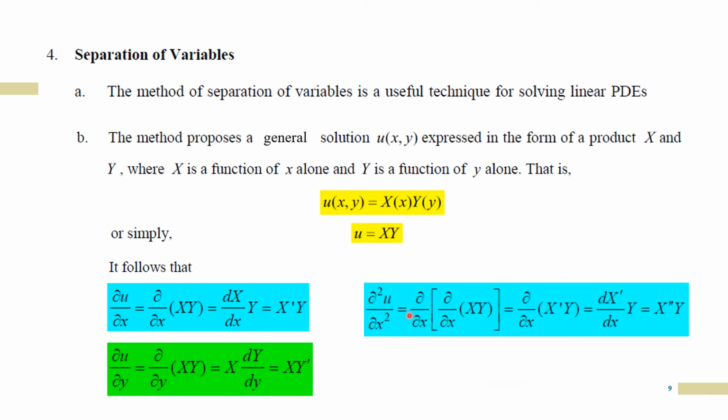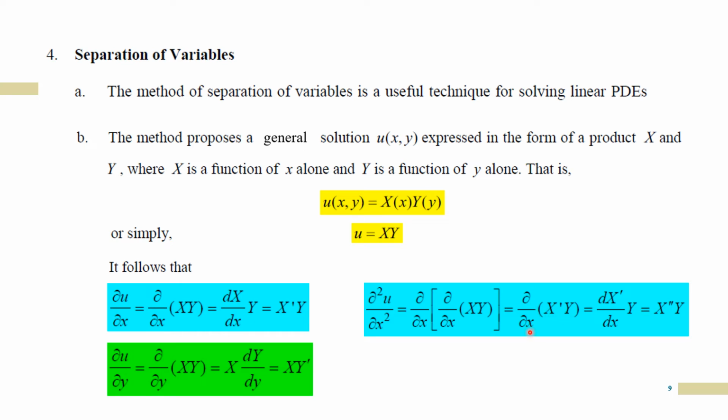∂²u/∂x² is equal to ∂/∂x of ∂u/∂x, but u is XY. But we know from our previous evaluation that ∂(XY)/∂x is equal to X prime Y. So we replace this by X prime Y, and now we evaluate the partial derivative of X prime Y with respect to x.